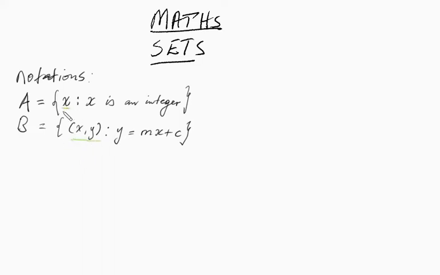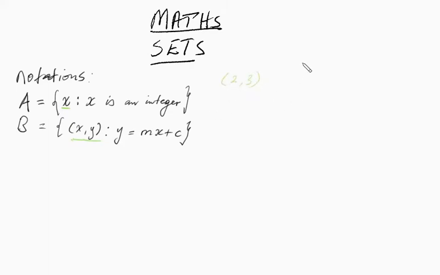Here we had just x such that x is an integer, right? But here you have a general point like x comma y. It's a coordinate actually. Coordinates like say 2 comma 3, right?